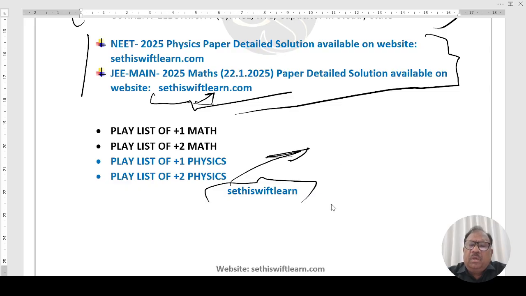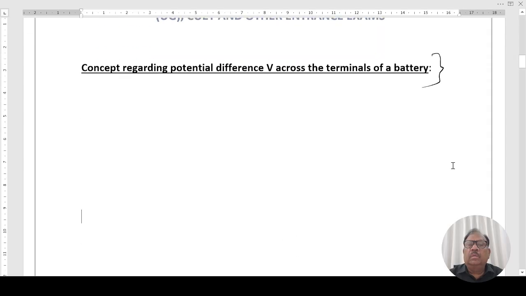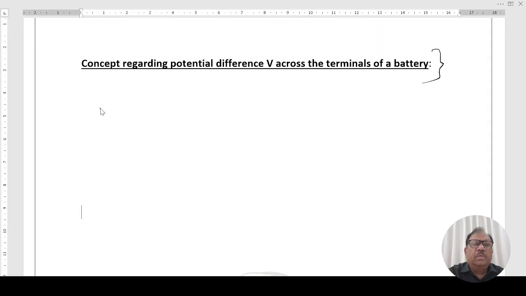Now let's start with the concept and questions. Concept regarding potential difference V across the terminals of the battery. There are 4 cases.